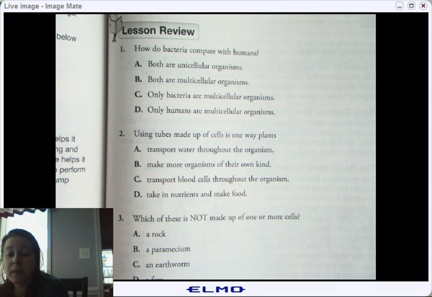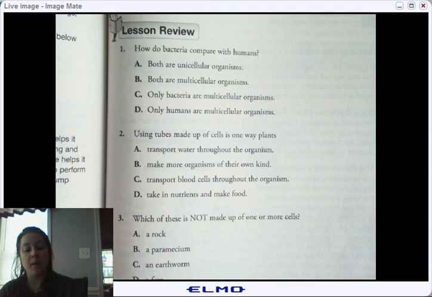Or D, only humans are multicellular organisms. Think about what bacteria is. Is it unicellular or multicellular? Go back into your notes if you don't remember. Think about what humans are. Are they unicellular or are they multicellular? And make that decision. Think about what both of them are in order to make this decision.